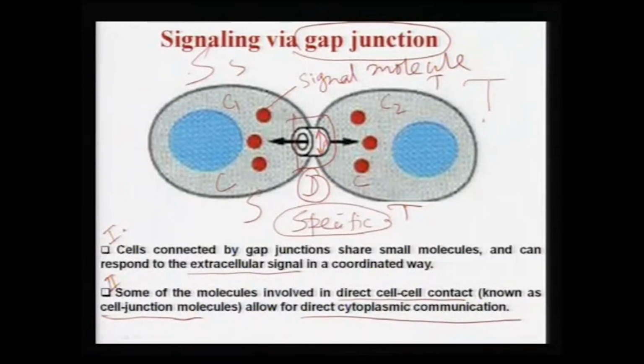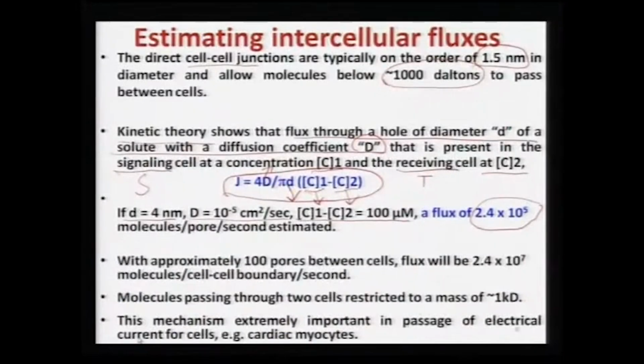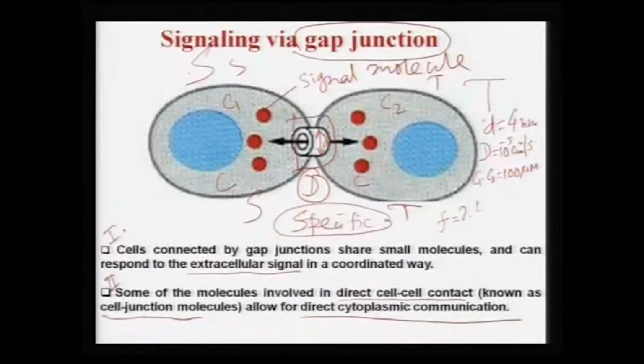Small d is assumed to be 4 nanometer, the diffusion coefficient is 10 to the power minus 5 centimeter square per second, and C1 minus C2 is typically 100 micromolar. Then the flux is 2.4 times 10 to the power 5.